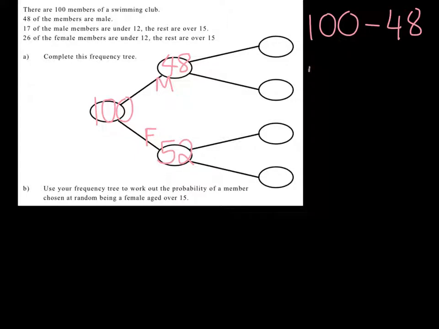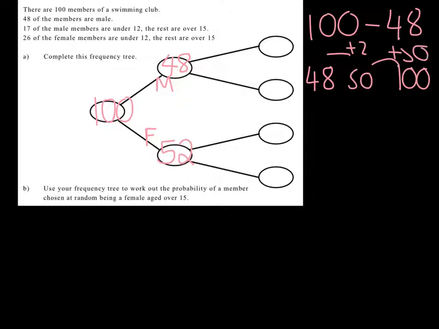But remember, you could do that on a number line, so 48 to get to 100, add 2 to get to 50, and then add 50, so 52. So they are females. Then we need to carry on with the rest of the question.